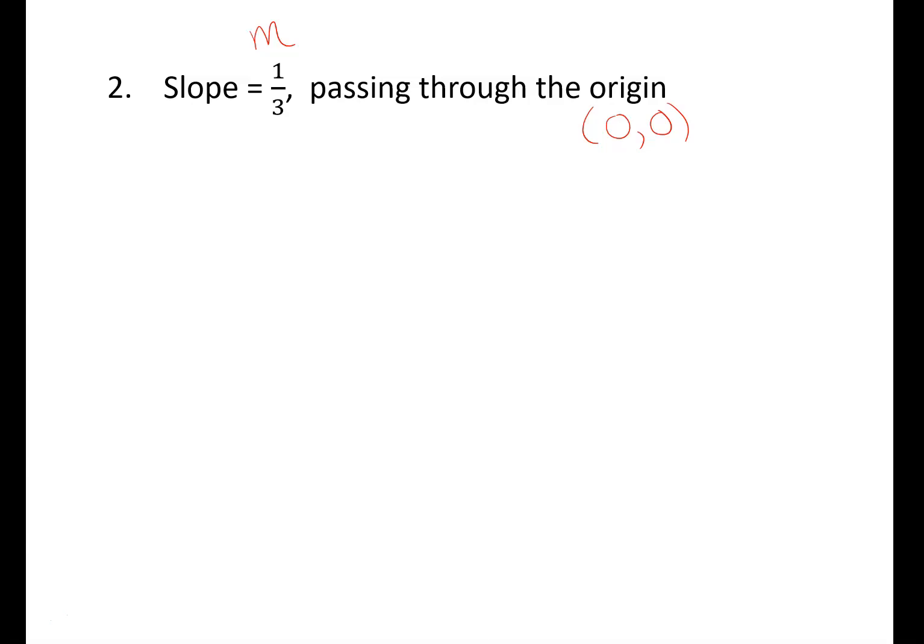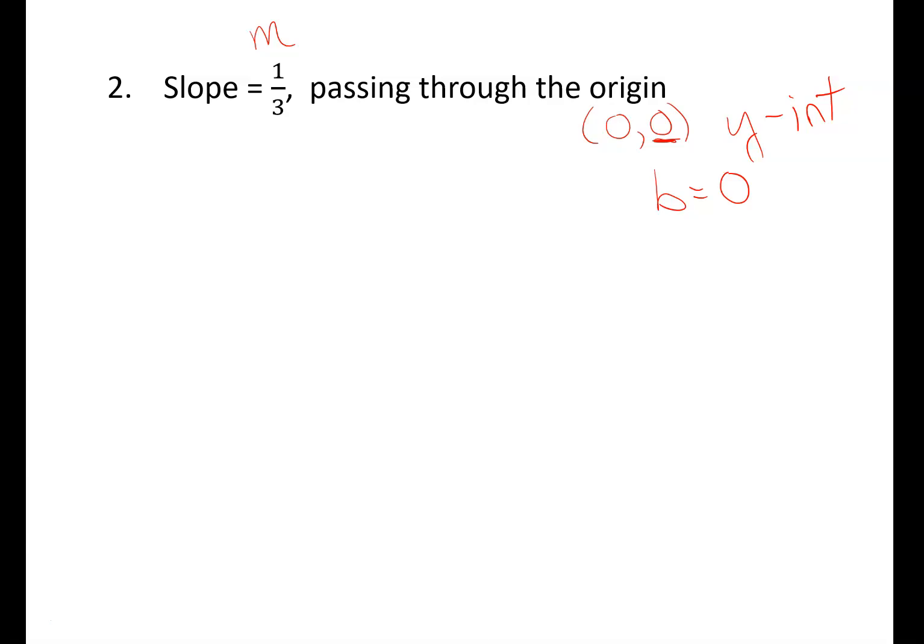And yes, it is. The origin is on both the x and the y-axis. So this point is a y-intercept of the graph. Now that means whatever number is in the y is equal to b. So b is 0.